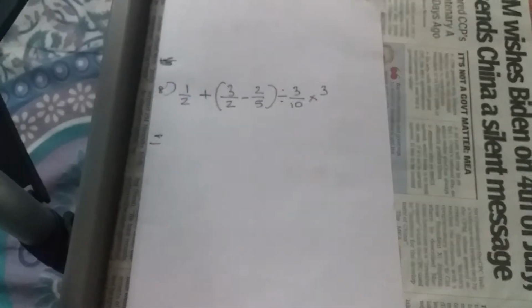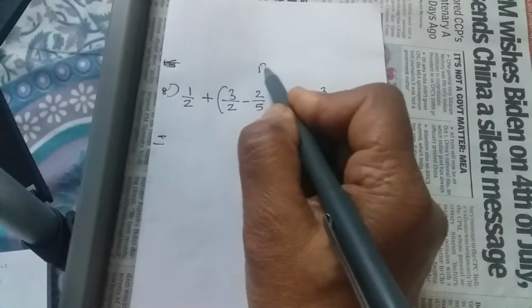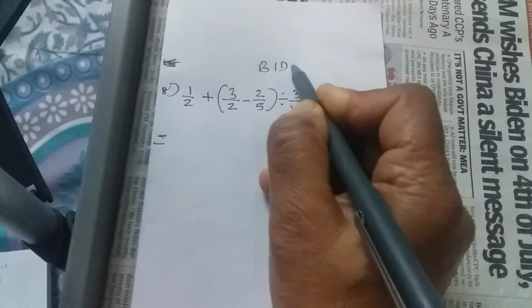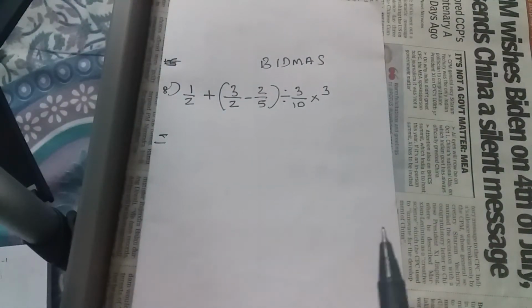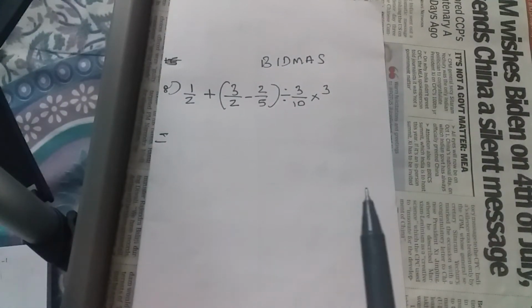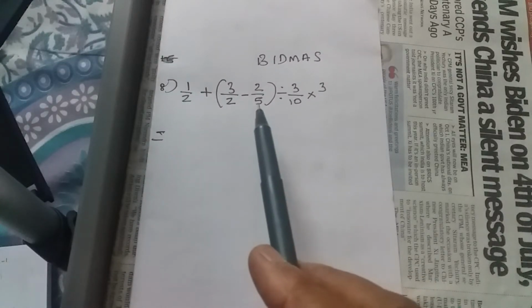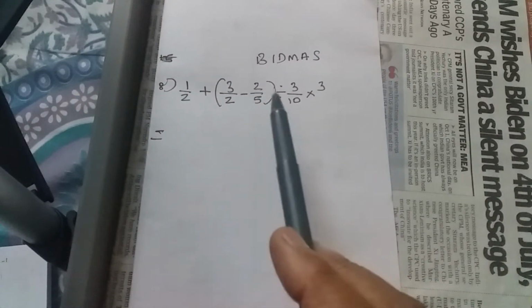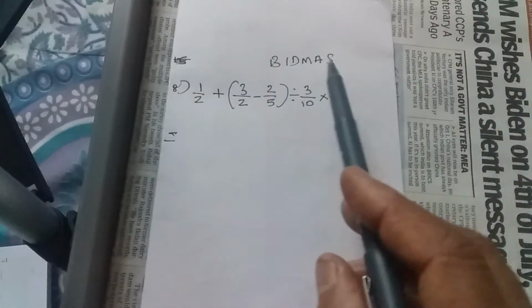So we'll see how to do the sum. This is the question given, and what is the rule we are following? BIDMAS, because we have all the four operations. When you have more than one operation, so far we have been doing only addition, subtraction, multiplication and division. Now we have all the four operations in the same sum. So whether we have to add first or divide first or multiply or subtract, for that only we have a rule called BIDMAS.